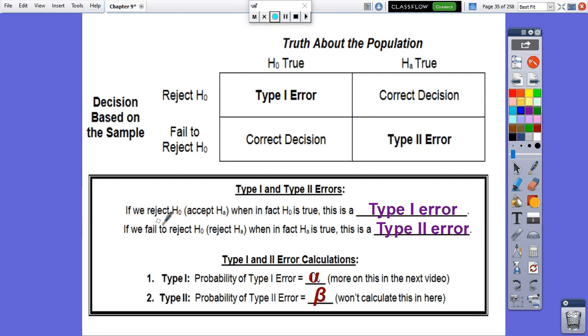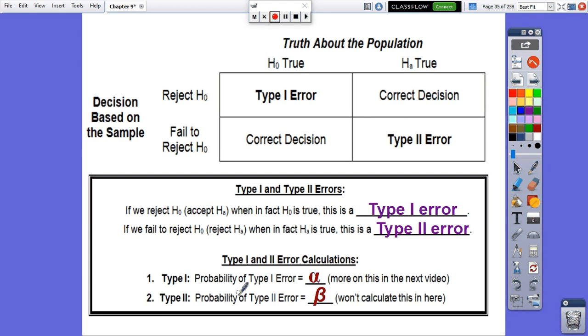The one thing I want to do in a significance test is try to reject the null. Now, on the other hand, if you say, well, I don't really care if I reject the null hypothesis, then you've made a type 2 error. So if we fail to reject the null when in fact we really should have rejected it, type 2 error.